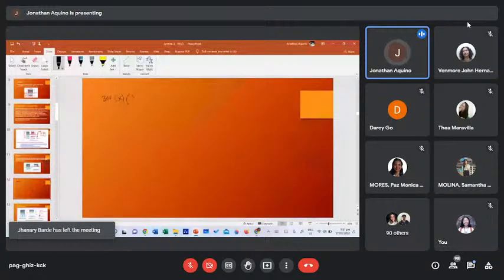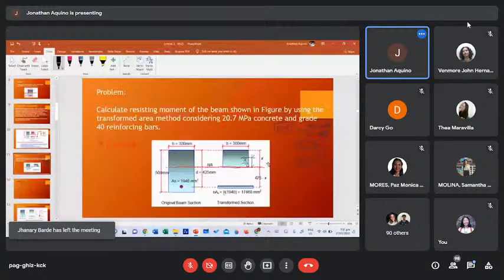The effective depth is 325, so the distance from the center of the bar to the centroid of the section is equal to 425 minus x.